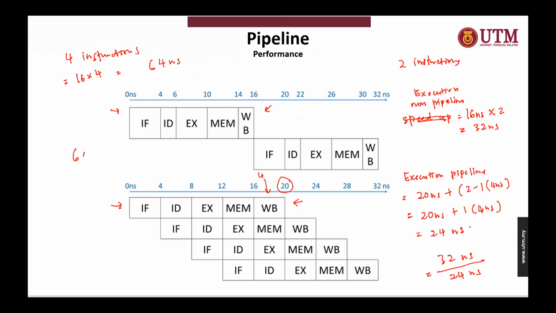And 64 nanoseconds divided by 24 nanoseconds, you will get around 3 something. So this will be the speed up.